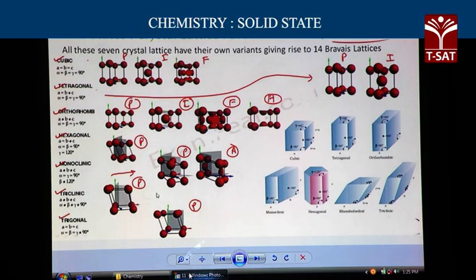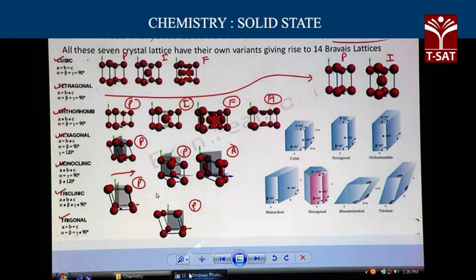There are 14 possible 3D lattices. This was observed by Auguste Bravais, who is a French mathematician. He is not a chemist.